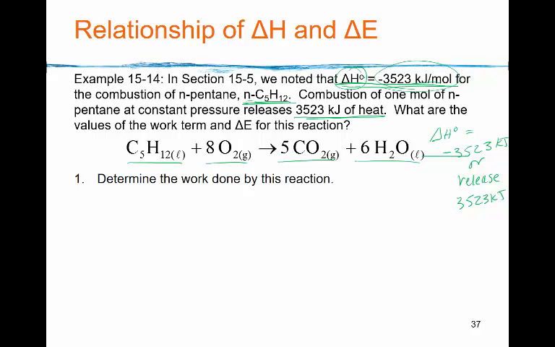So if I know it's the standard condition, what I also know is that T is equal to what? 298 K. Because that's the definition of standard, right? 25 degrees C or 298 K. So in this case, the amount of work done is going to be equal to minus P delta V, or minus delta N times RT.